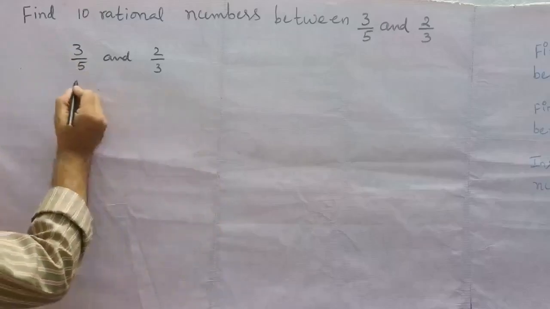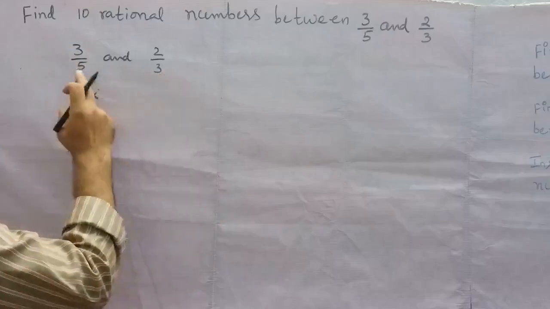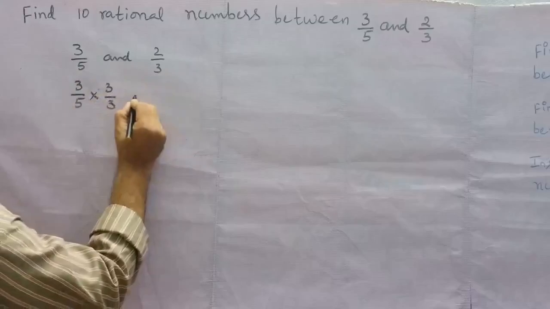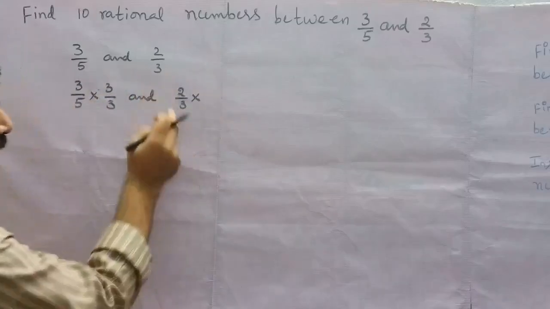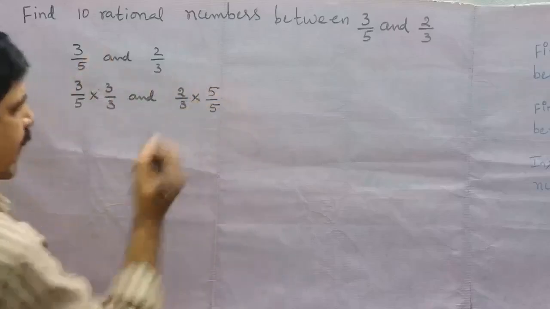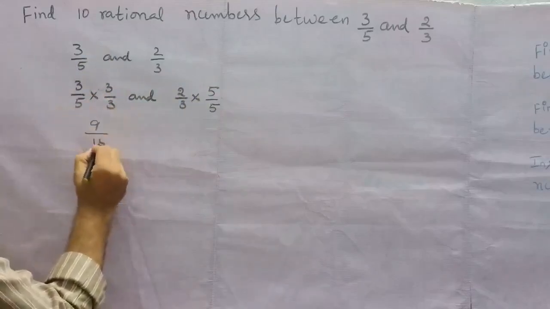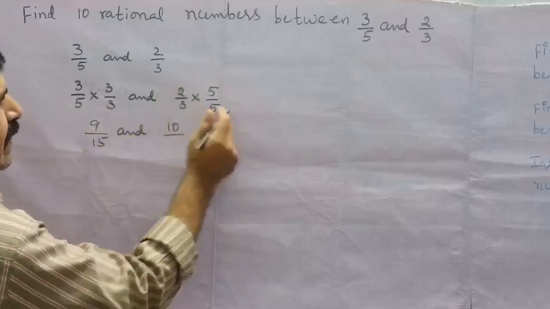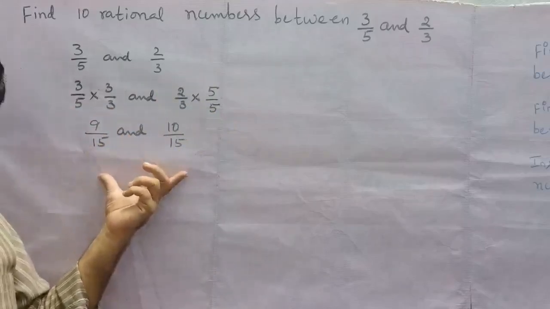For that, what we have to do: multiply 3 by 5 with 3 by 3, the second fraction's denominator, and multiply 2 by 3 with 5 by 5, the first fraction's denominator. Now what we get: 3 3s are 9 by 5 3s are 15, and 2 5s are 10 by 3 5s are 15. Now here the denominators are equal.